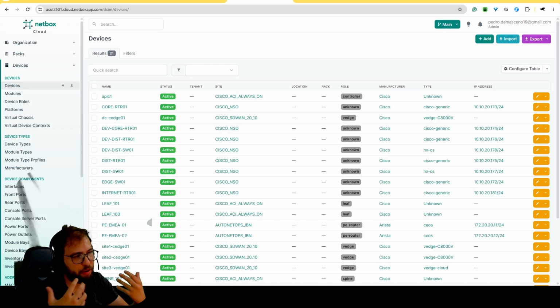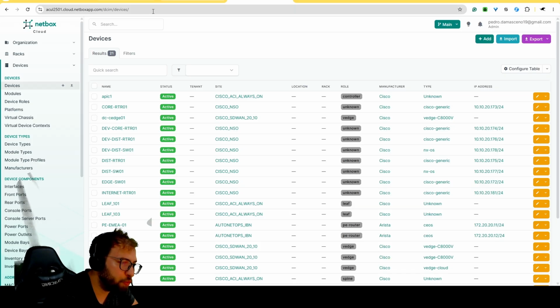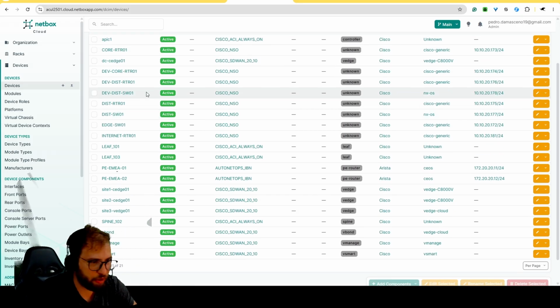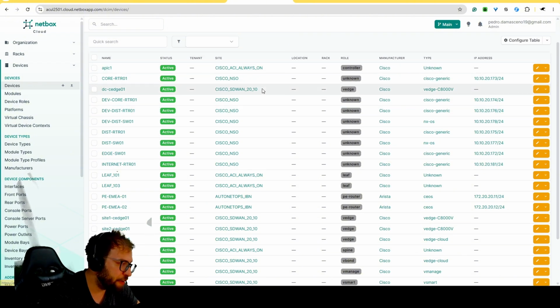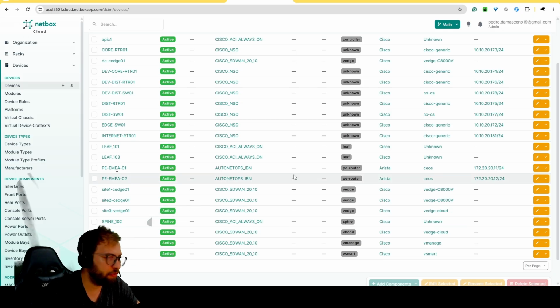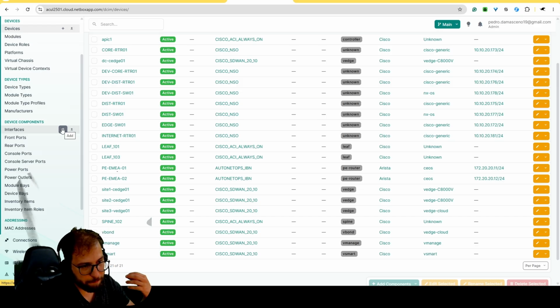So, for example, we have Netbox, we have Nautobot, we have InfraHub, and here we are bringing basically our inventory, the devices that we have, the sites, where this device belongs, what are the vendors that are taking care of it, the platform, the device types, the manufacturing interfaces, our IP address management, our data center infrastructure management, the services that we have available.